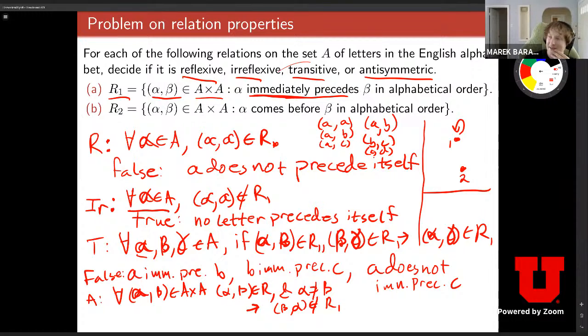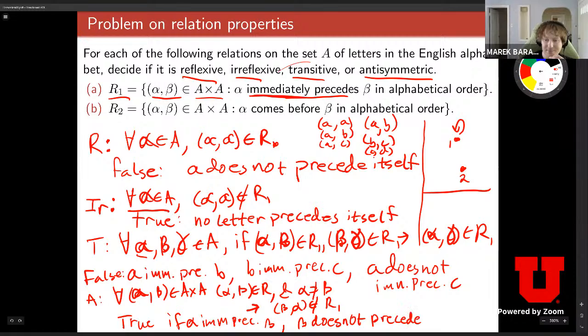Yeah, okay. I'm seeing some people that are done, and the answer is true, right? Since if alpha immediately precedes beta, beta does not precede alpha.